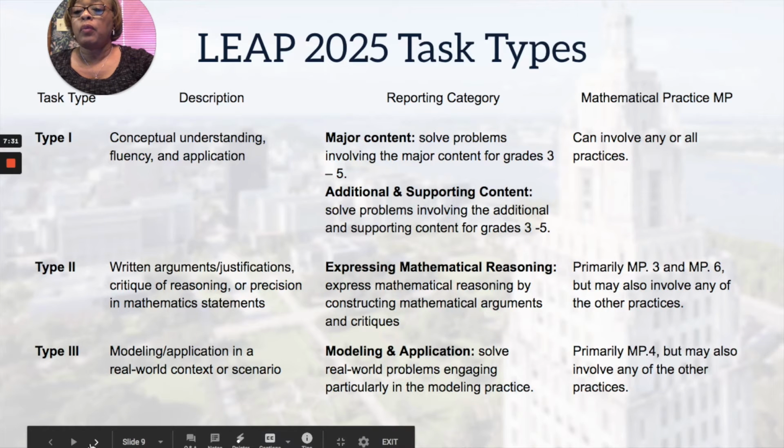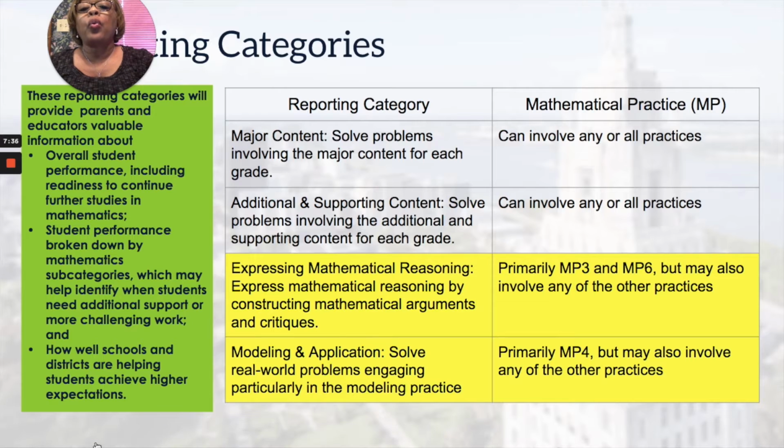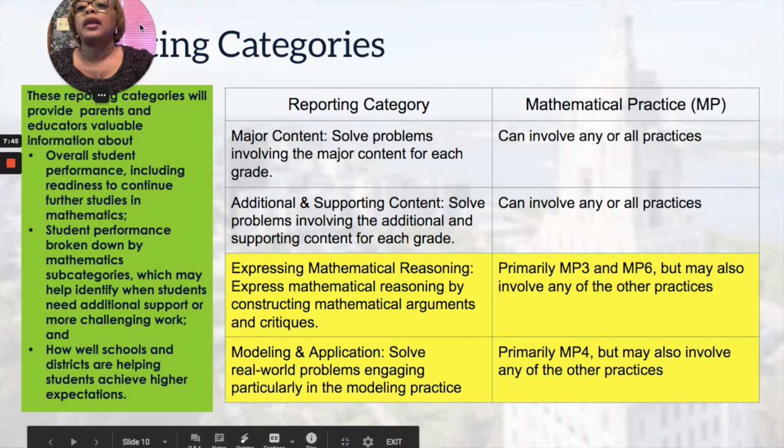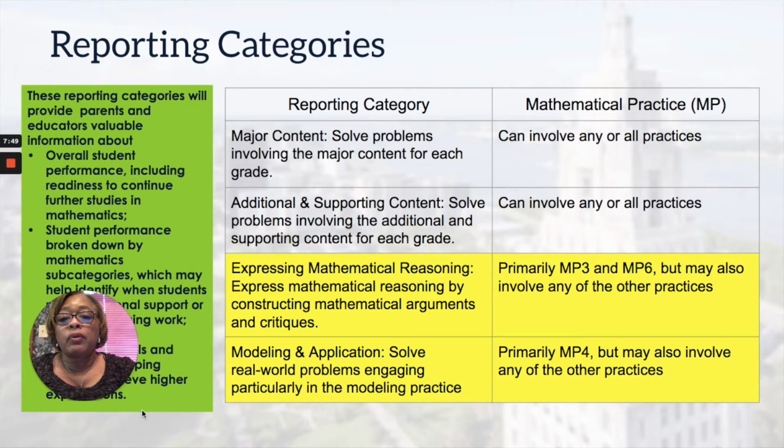So when we think about reasoning and problem solving, a lot of times we think about what our results have been in these reporting categories, when we think about our district, and the state in general. And so I've highlighted 2 of those reporting categories: the 2 that are aligned to type 2 and type 3 tasks, because historically, these are the 2 where our students in our district and in our state typically show the most difficulty.